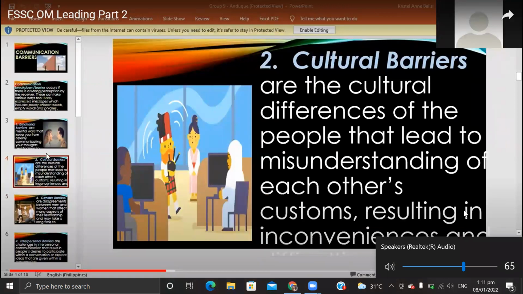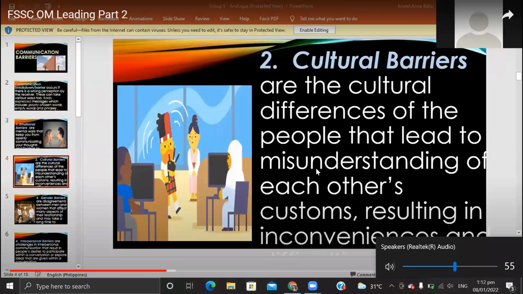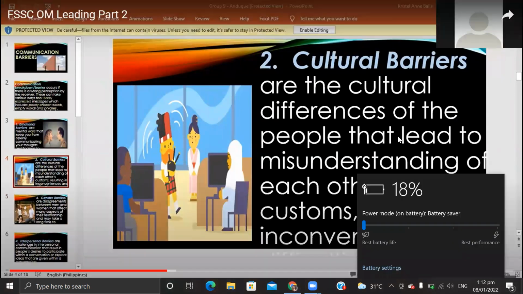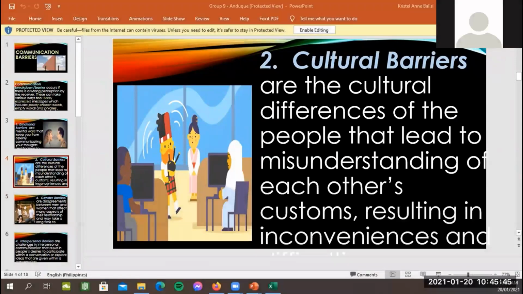Minsan po hindi sila magkakaintindihan kasi nga po yung mga religion nila magkaiba. So pwede pong magkaroon sila ng misunderstanding.